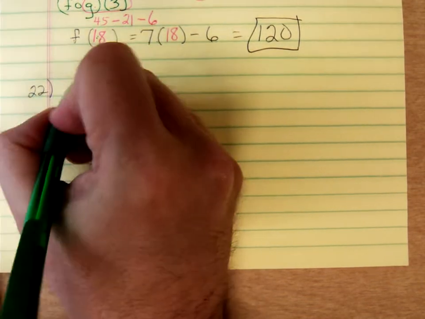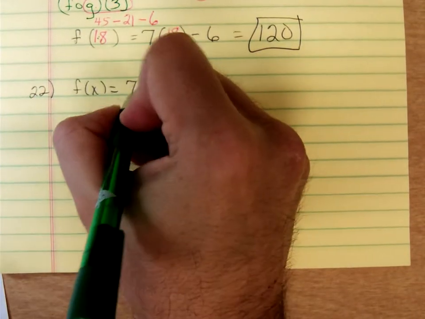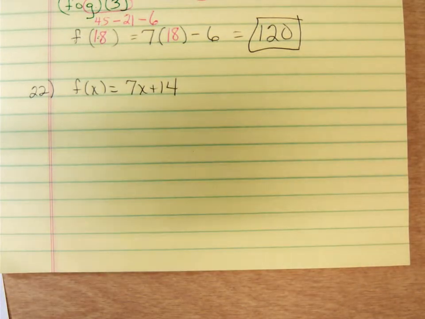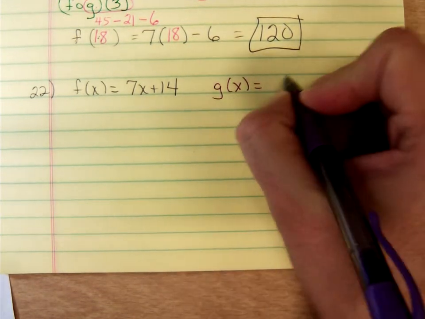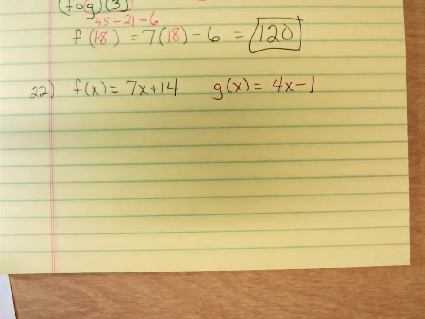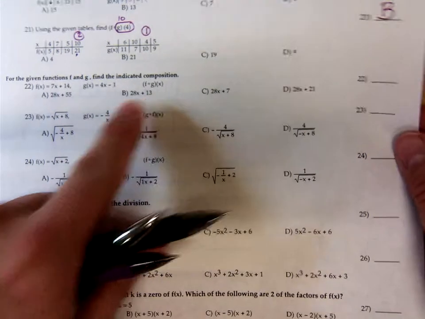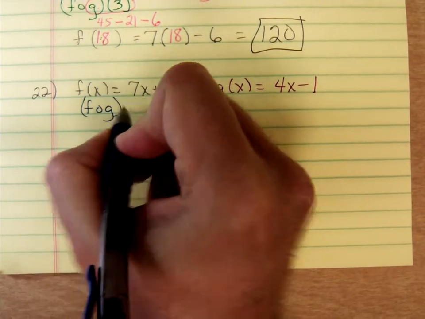We're told f of x is 7x plus 14, and g of x is 4x minus 1. And we are told on 22, I'm just writing down number 22, find f of g of x.